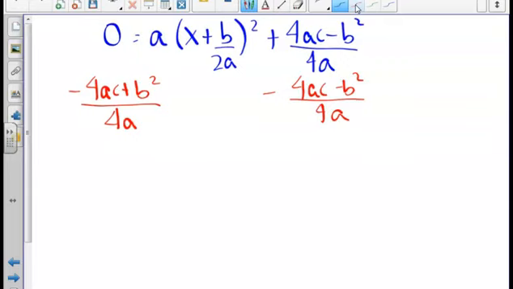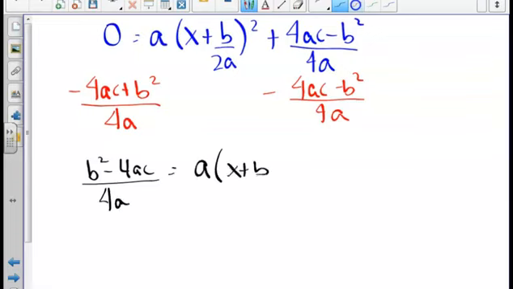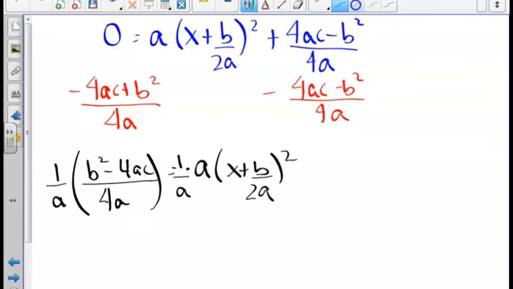So we can rewrite this as b squared minus 4ac divided by 4a is equal to a times the quantity x plus b divided by 2a, squared. Keep in mind our goal is to get x by itself. If we multiply both sides by the reciprocal of a, we would multiply by 1 over a.